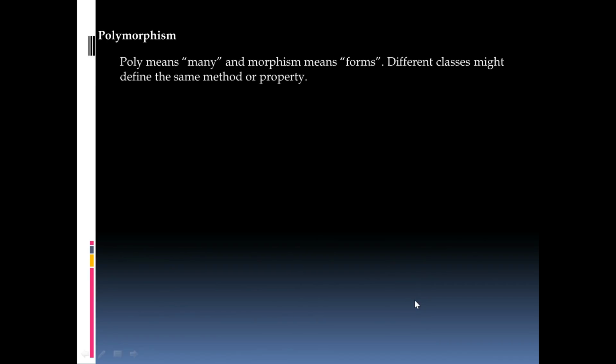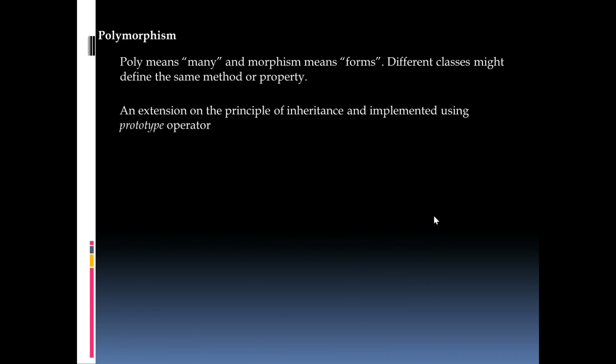The third one is polymorphism, which is from the word poly meaning many and morphism meaning form, so many forms, which is different classes might define the same method or property. This is an extension of the principle of inheritance and is implemented using the prototype operator also.